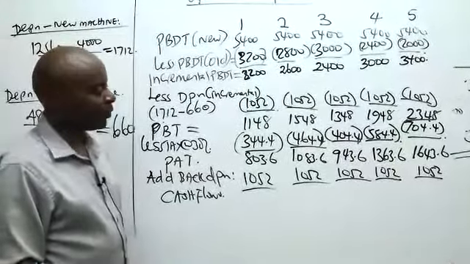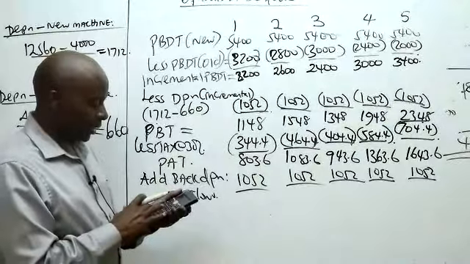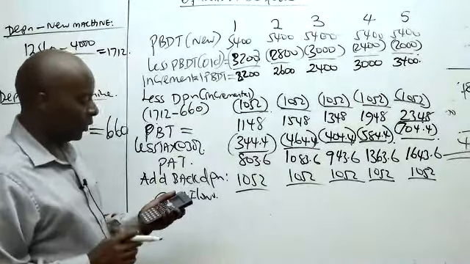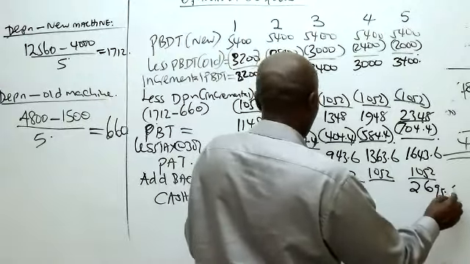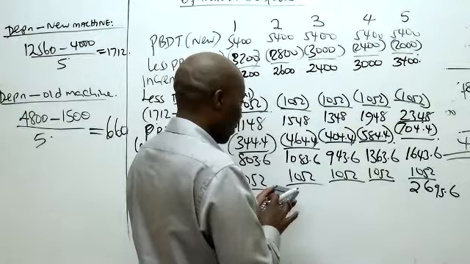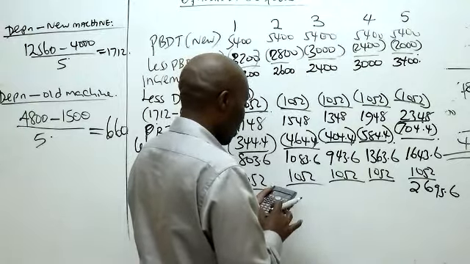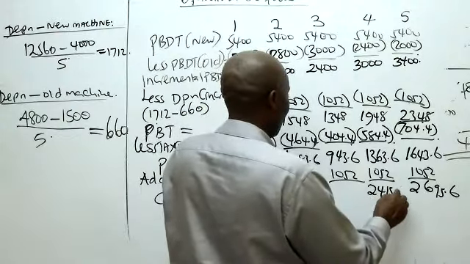Right? So we have there plus 1052. What figure am I able to get here? 2695.6. 1363.6 plus 1052 gives me 2415.6.